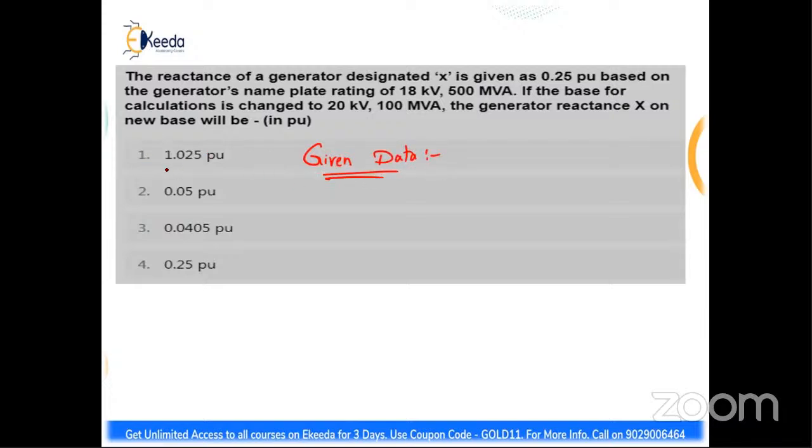So there are four options: 1.025 pu, 0.05 pu, 0.0405 pu, 0.25 pu. Again the same. So here we are going to apply the generator reactance formula. What is the given data here? X old, that is the reactance old value, is 0.25 per unit.